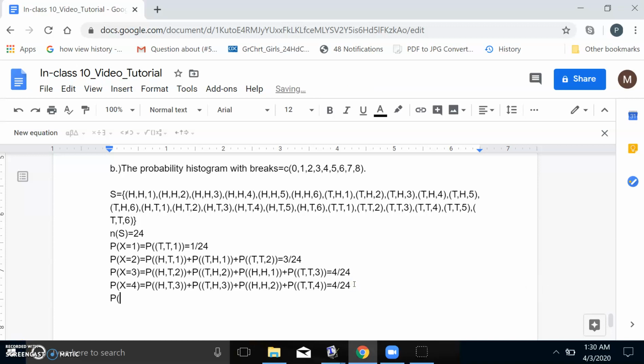So next would be probability x is 5. We get a head and a tail, so that's 1, and we need 4 more, so a 4. Or we could have probability tail, head, and a 4. Or we could have probability 2 heads, and that'd be 2, so it'd be a 3. Or we could have probability 2 tails and a 5. So this one's 4 over 24 also.